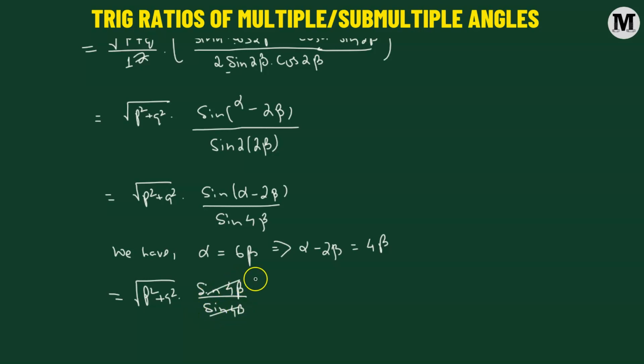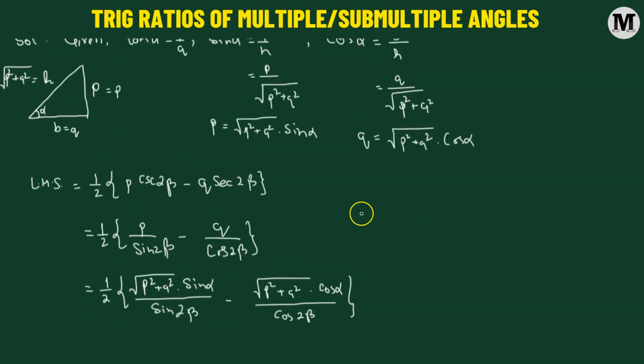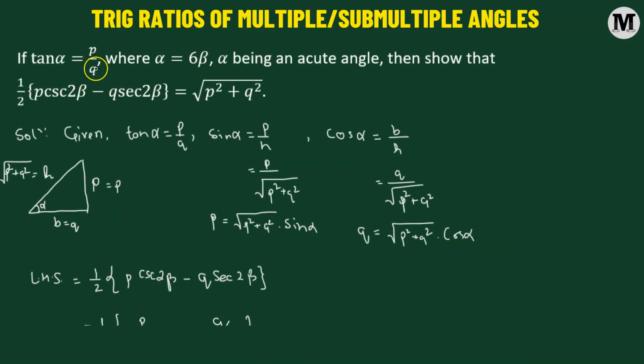So we can factor out sine 4 beta, and this gives us the expression on the right hand side, which is square root of P squared plus Q squared. Hence we have successfully shown that the left hand side of the given expression equals the right hand side, with the condition that tangent of alpha is given by P over Q and alpha equals 6 times beta, with alpha being an acute angle.